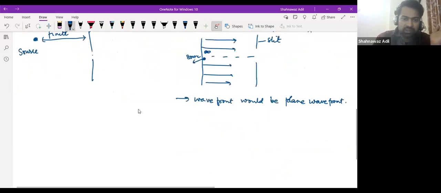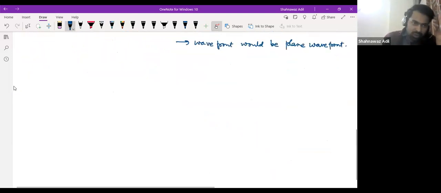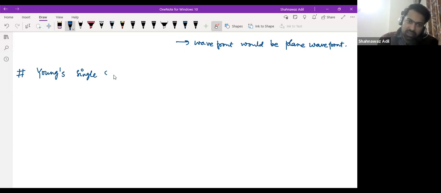That is the case. The experiment to demonstrate this diffraction pattern is Young's, again this guy, but we have a single slit diffraction. Young's single slit diffraction experiment.